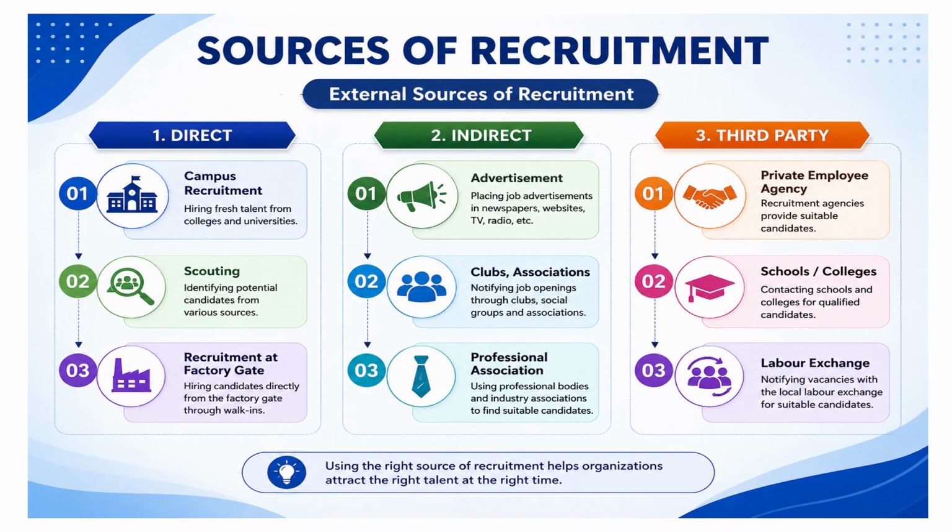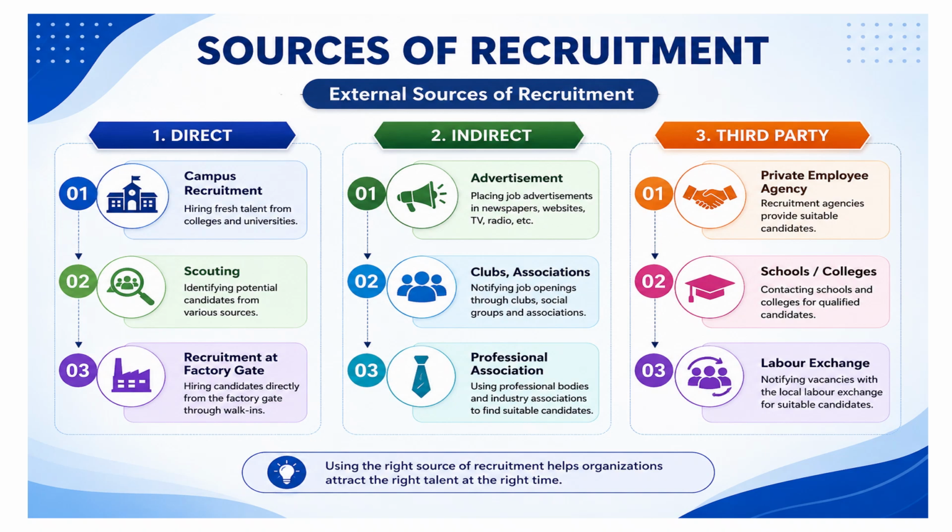Suppose a hospital urgently needs 20 nurses. Instead of searching individually, what will the hospital do? The hospital will contact a recruitment agency, and then the agency will quickly provide qualified nurses to them, which will save time and effort. Next one is schools and colleges. Educational institutes are another important source of external recruitment.